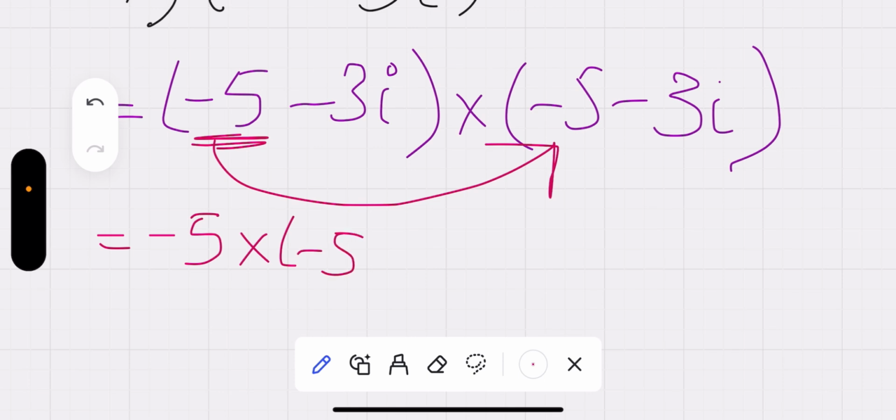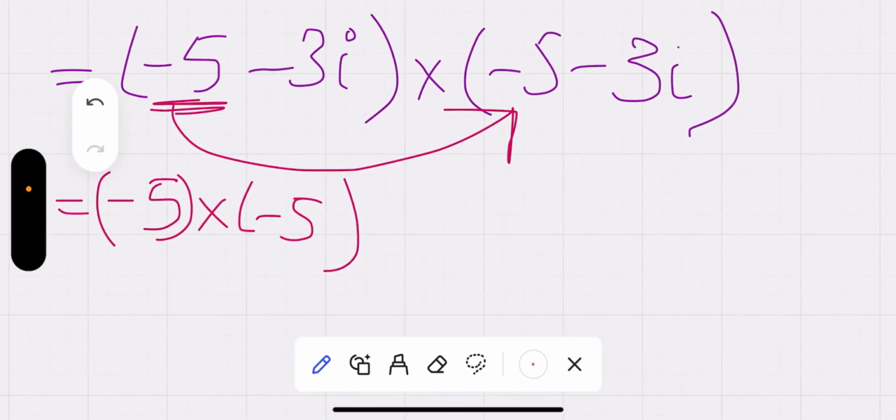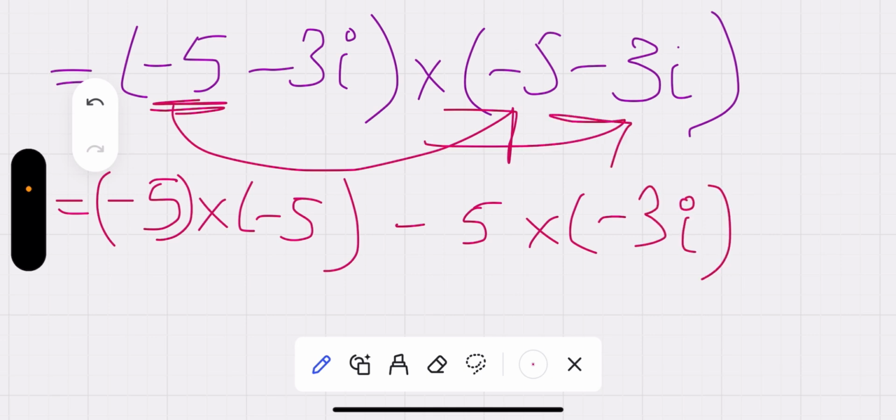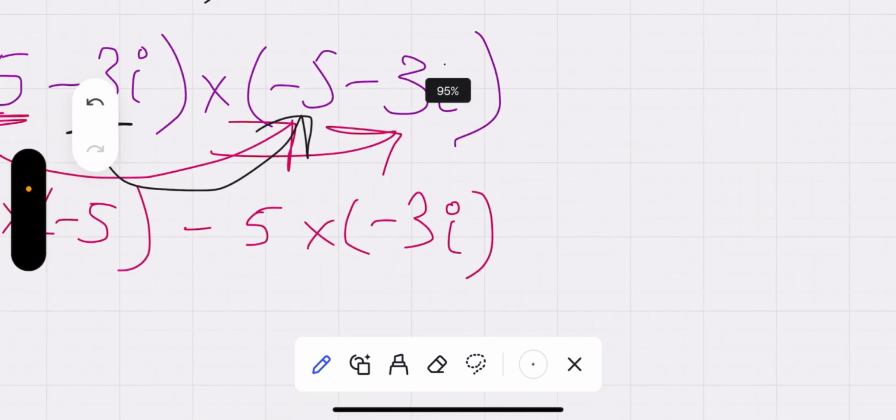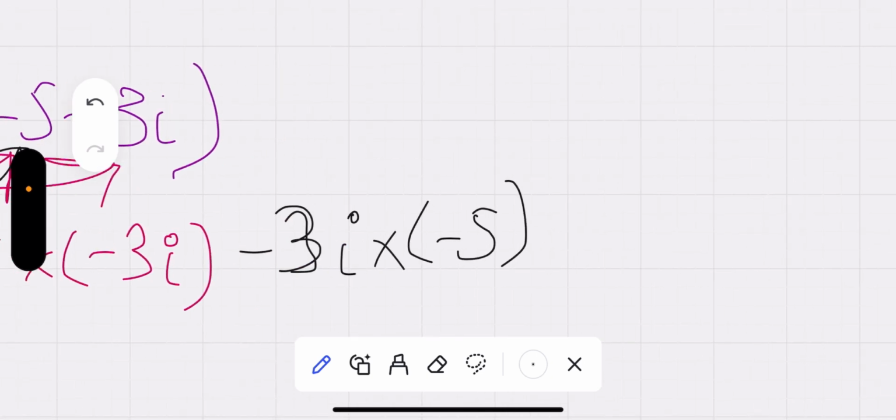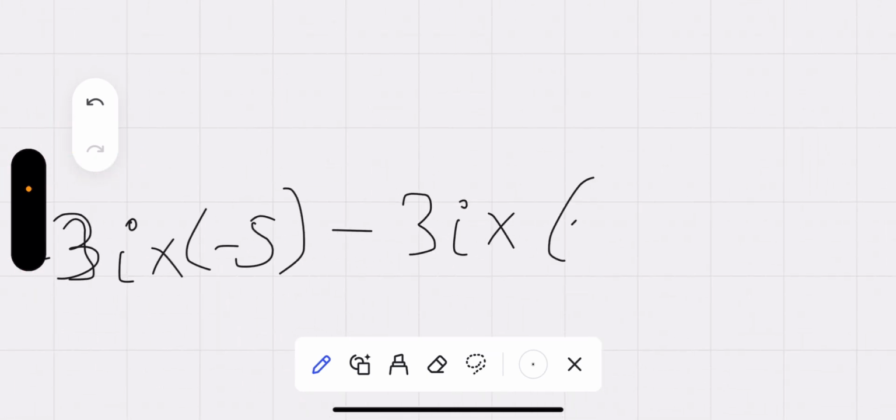We must use brackets because we cannot write two signs together. So minus 5 multiply minus 5, and then minus 5 multiply minus 3 iota. Then we have negative 3 iota multiply negative 5 and negative 3 iota multiply negative 3 iota.